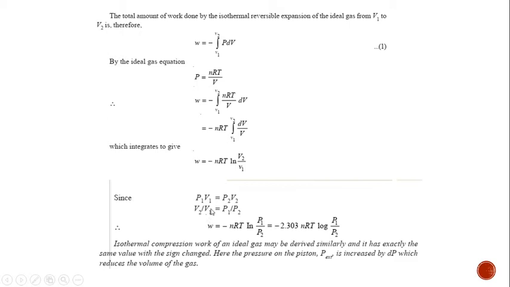Putting the value of V2 over V1 in the above equation, we get work done in terms of initial pressure and final pressure. We can also convert this natural log into common log by multiplying it with 2.303. So the final expression of work done in case of reversible expansion is minus 2.303 nRT log of P1 over P2.